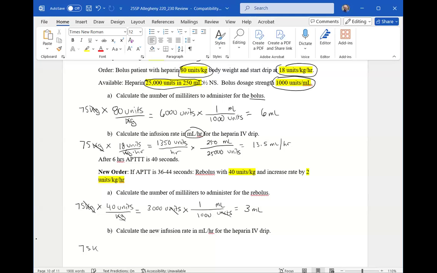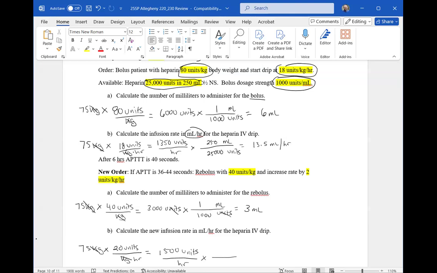Then lastly, 75 kilograms times, remember, originally it was 18. We're increasing by 2. So now we're at 20 units per kilogram per hour. So hopefully that's not tripping anybody up where that's coming from. That can be an issue, but so far it seems to be okay. All right, so now I'm going to take 75 times 20. I'm going to get 1,500 units per hour.